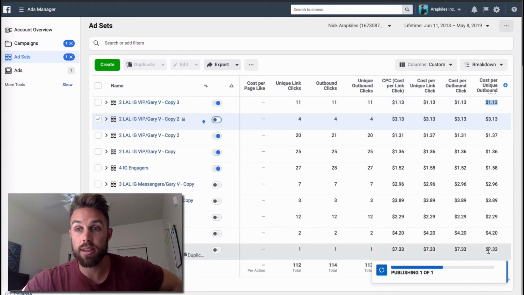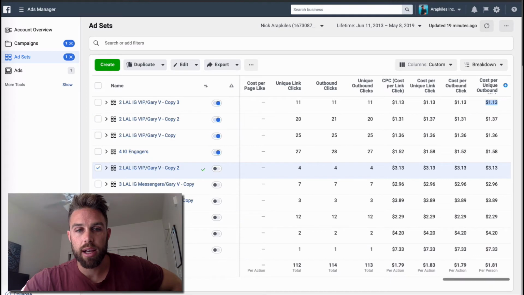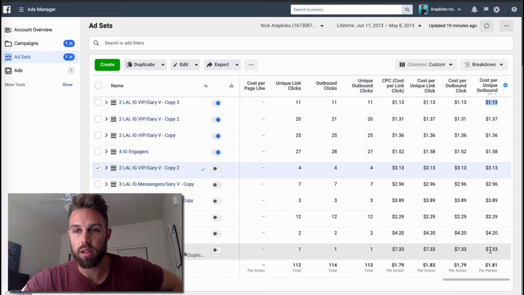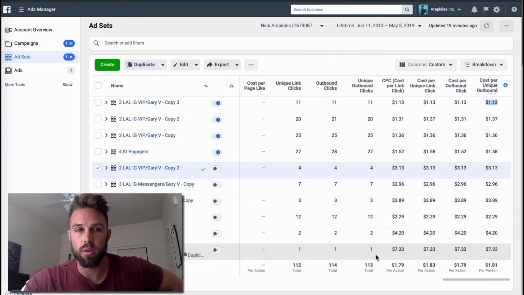And that's what I did with all of these. Okay, so you can see some of these, and this is the exact same interest. Exact same interest as these ones that are getting dollar clicks, and this one got $7 click. Yeah, so that was the only one that didn't do so well.